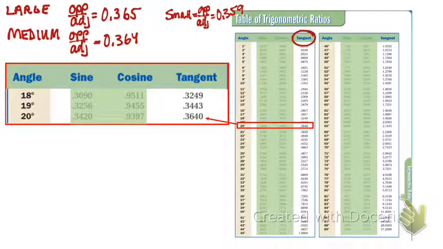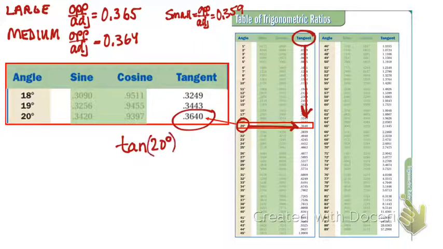You go to the row that has your angle, and our reference angle is 20 degrees. And you find the place where your column and your row intersect, and that number, which for us is 0.3640, that is the tangent of 20 degrees.